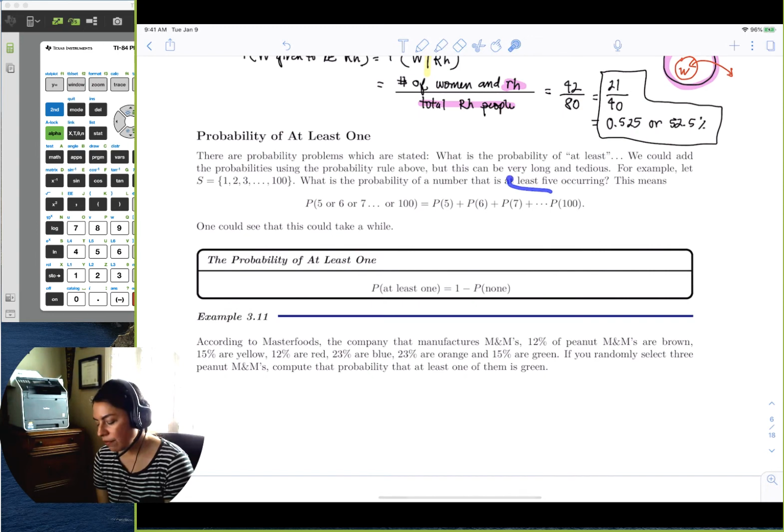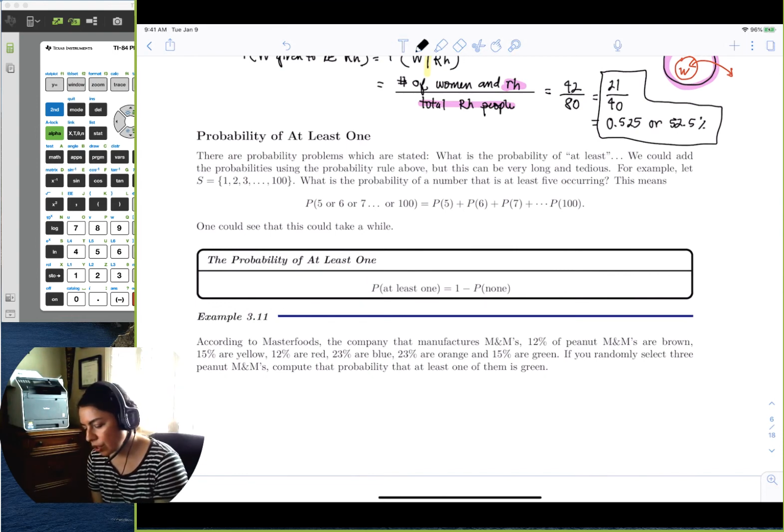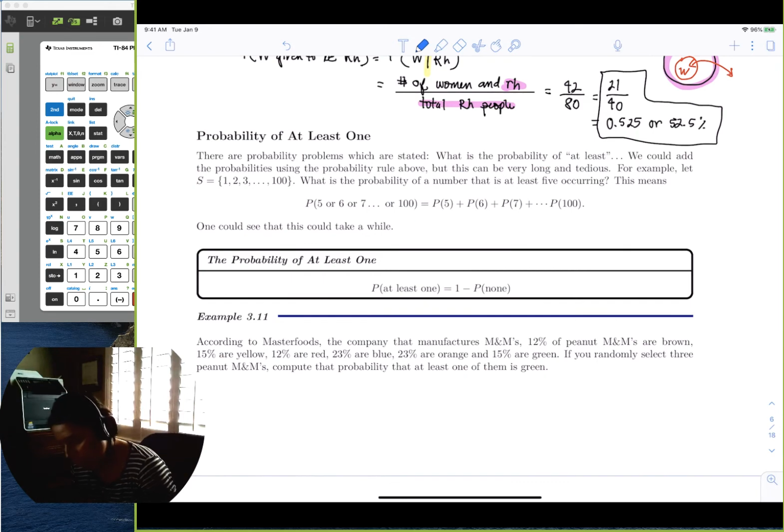Well, at least 5 occurring would be the probability of 5 or 6 or 7 or 8. And am I going to add 95 probabilities together? Or can I work smarter, not harder, and say this is actually going to be 100%, 1 minus all the probabilities less than 5, right?